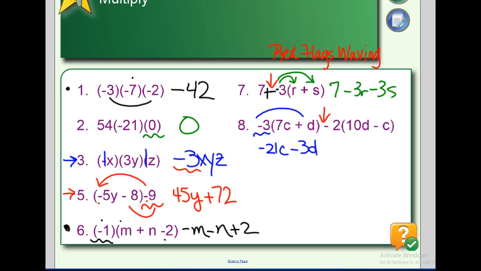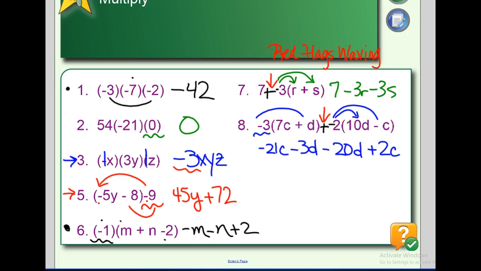We're going to change the minus to a plus and make 2 the opposite. So we're going to take care of our distributive property with negative 2. So now we've got negative 2 times 10, which is negative 20d, and then negative 2 times negative c is plus 2c. Everybody understand what we did?